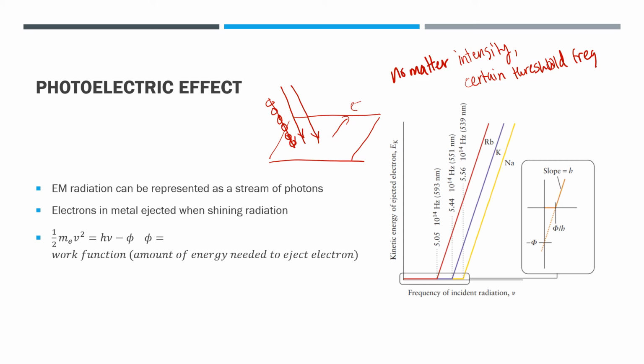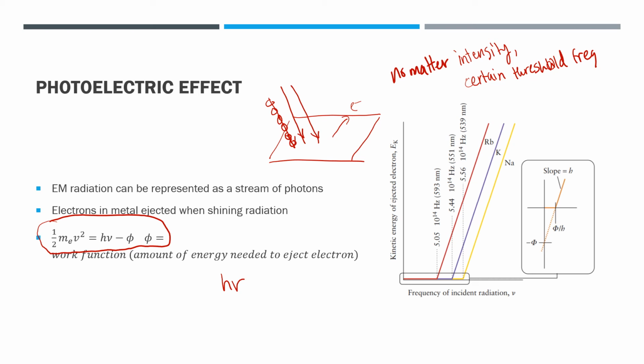And one of the key equations for the photoelectric effect is here: half mv squared equals hv minus phi, where phi is our work function. Now what does this mean and how did we get it? h times the frequency is the same thing as the energy of the photon that's striking the metal.